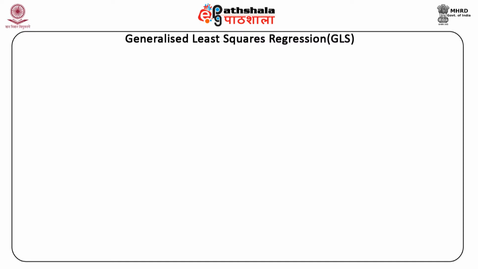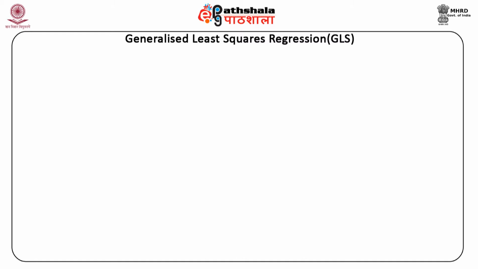The above assumption implies, as you all perhaps would know, that covariance between u i and u j is equal to expected value of u i u j equal to 0 for all i not equal to j. This property of the error term is known as serial independence or absence of autocorrelation or no autocorrelation.